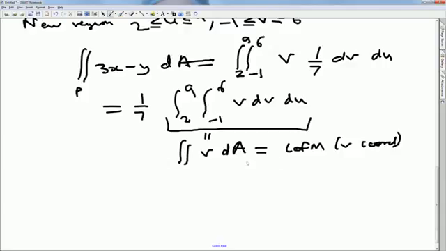Normally what you do is you have to divide this integral by the total area. And so pretty much the double integral of v dA ends up being the area times the corresponding v coordinate of the centre of mass.